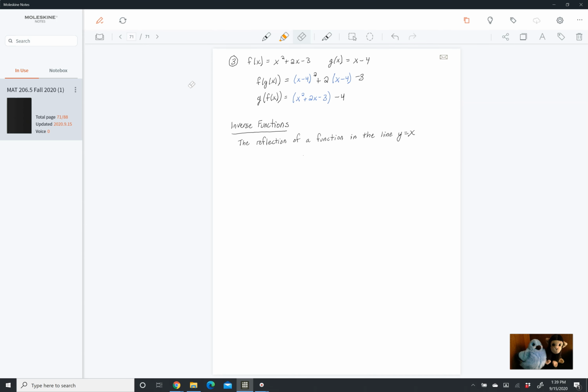Okay, so think of your axes. This is the line y equals x.